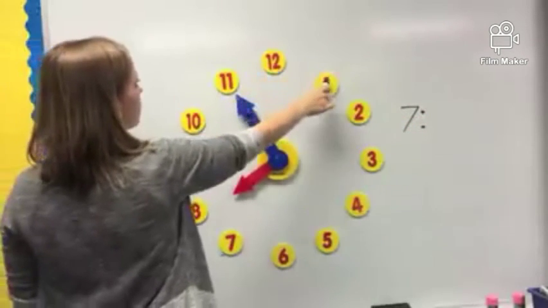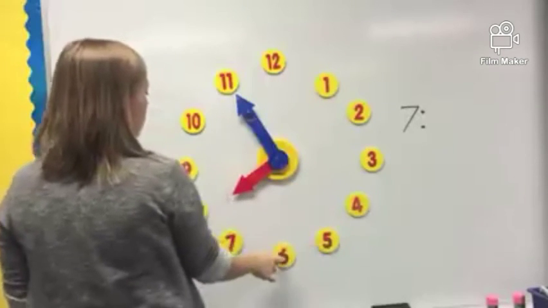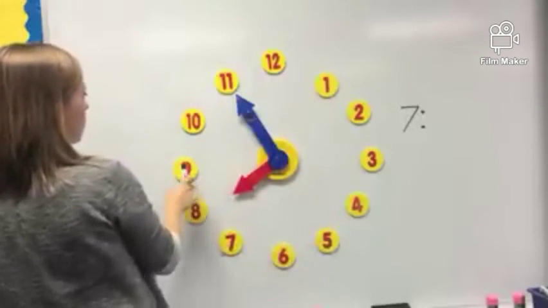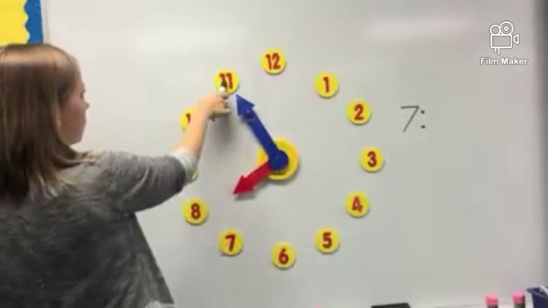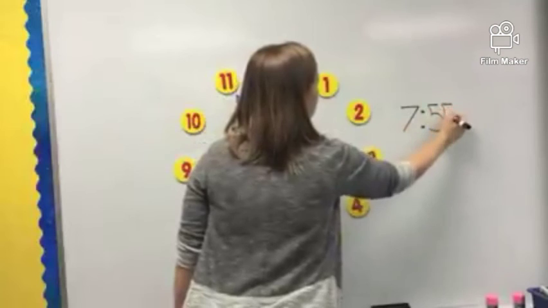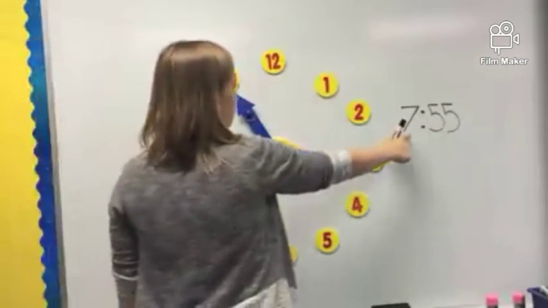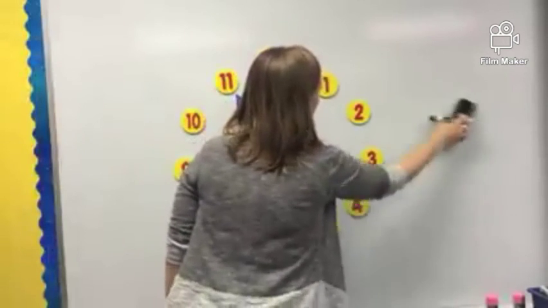Start at the 12: 5, 10, 15, 20, 25, 30, 35, 40, 45, 50, 55. So we're going to write down 55. So this clock here is showing the time as 7:55.